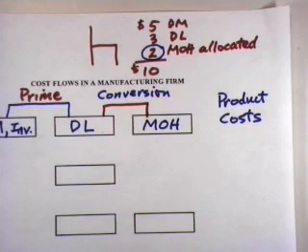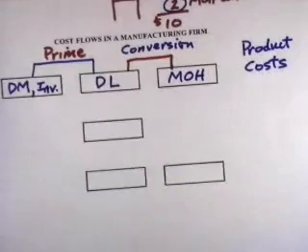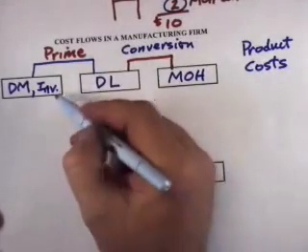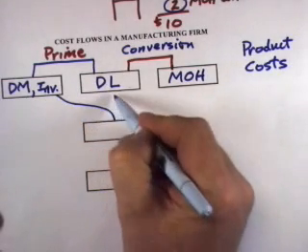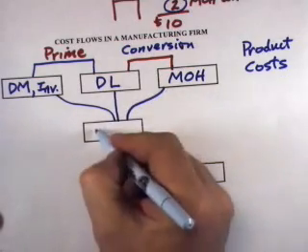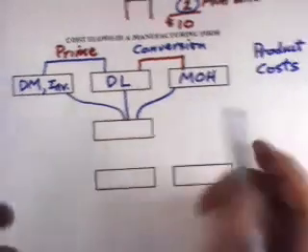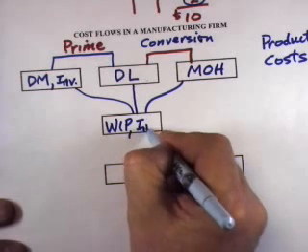Now, the flow of these three product costs: once you start working on the chairs and begin to produce them, the costs flow out of these accounts into a new account, which we're going to call Work in Process Inventory, WIP inventory.